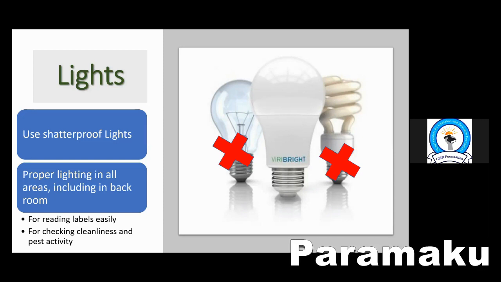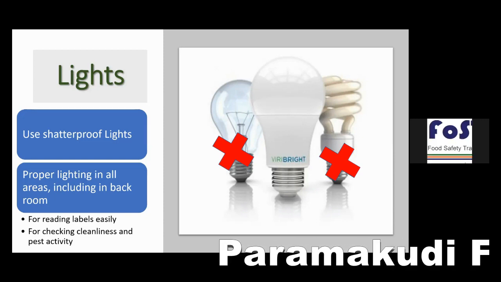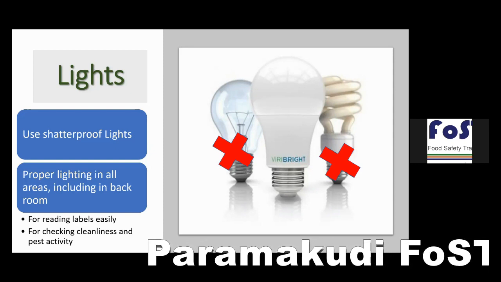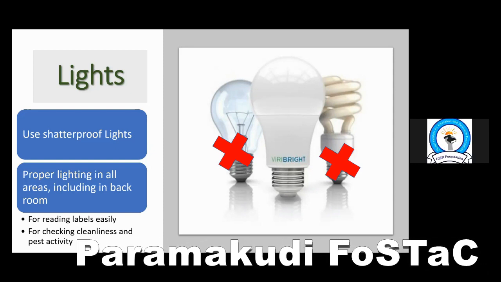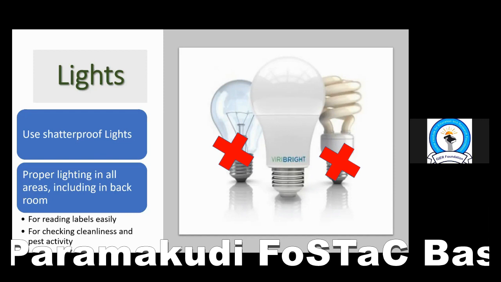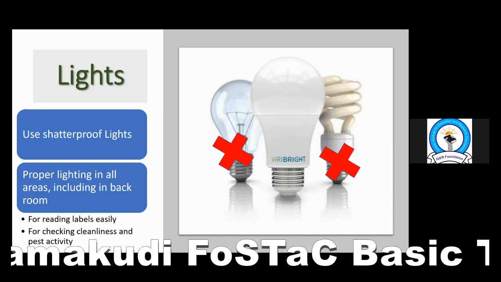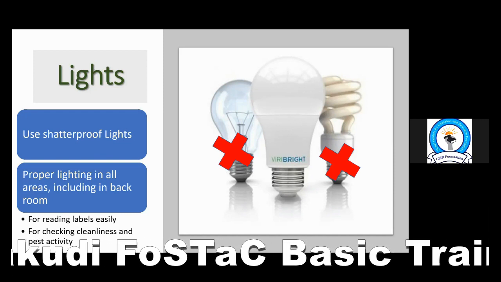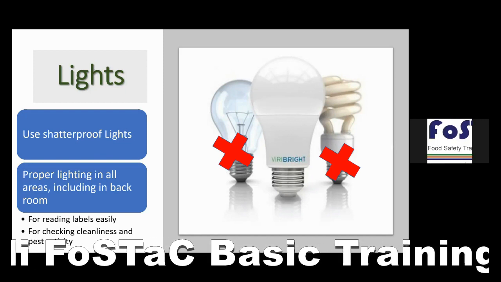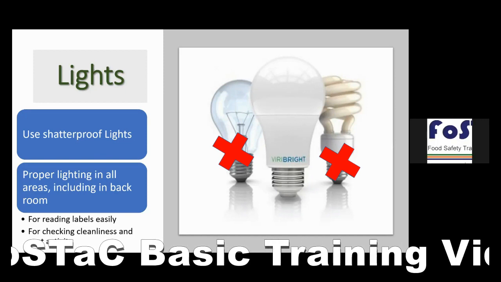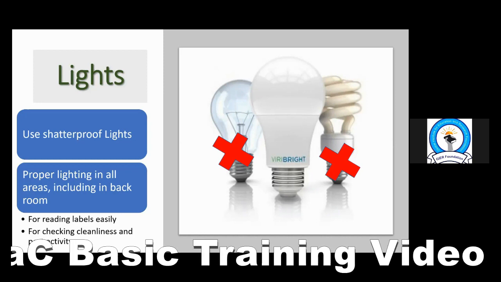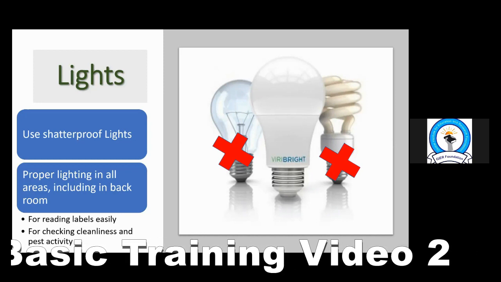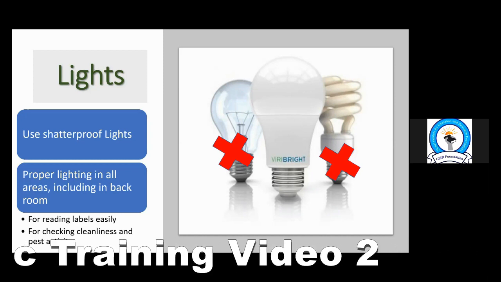And you should be able to monitor that every corner of your shop, every rack, everything is clean, without any pest activity. Light should be proper not only in the shop, but in your godown or stores.